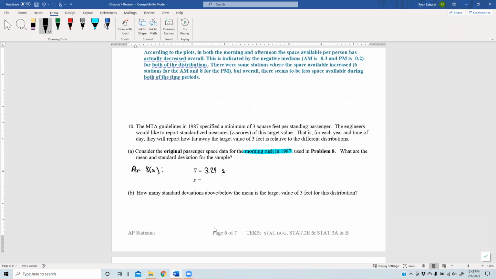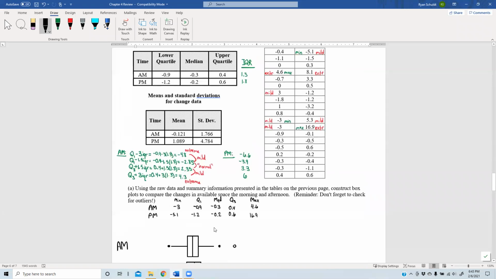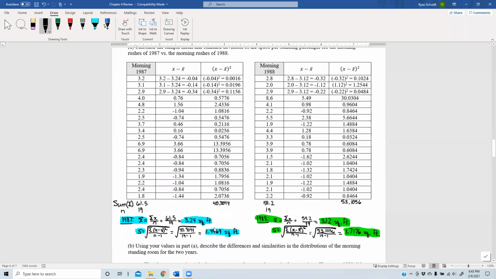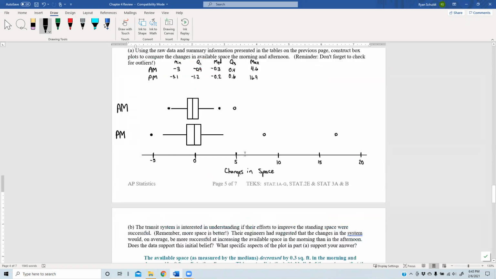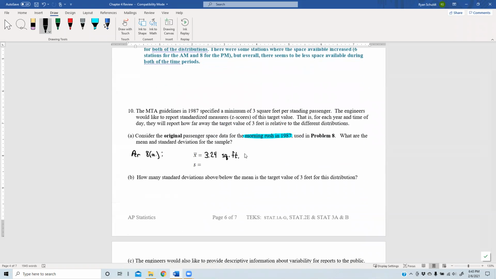And then the standard deviation was 1.4964 square feet.